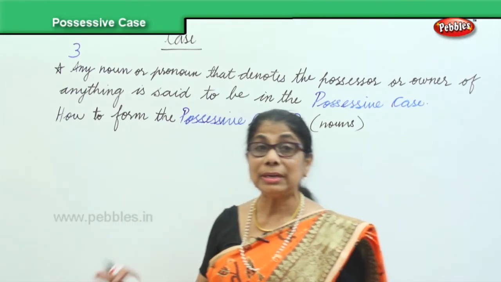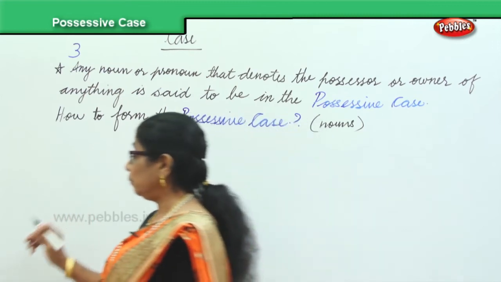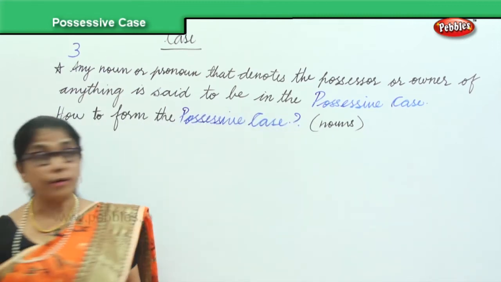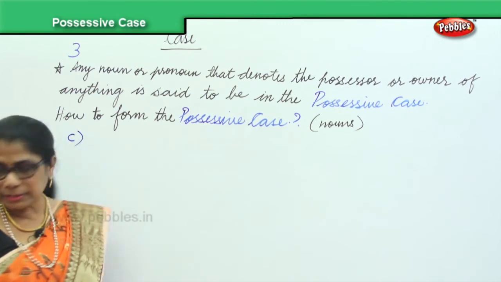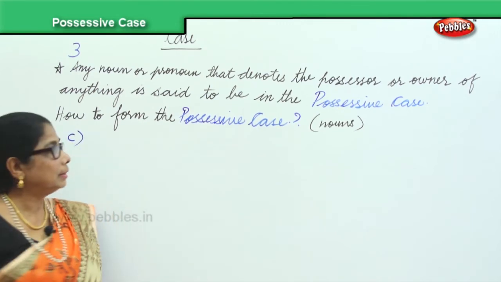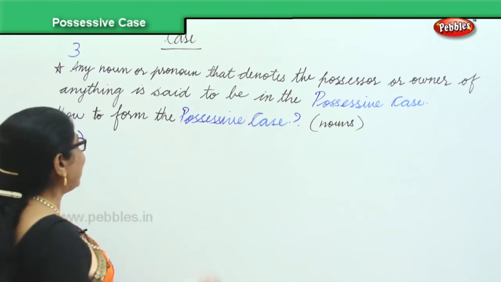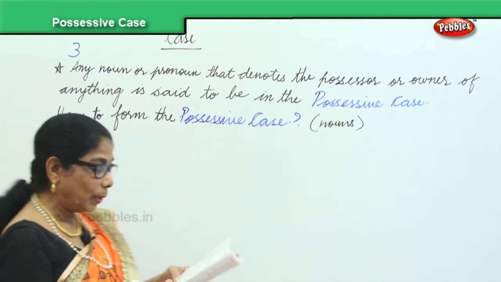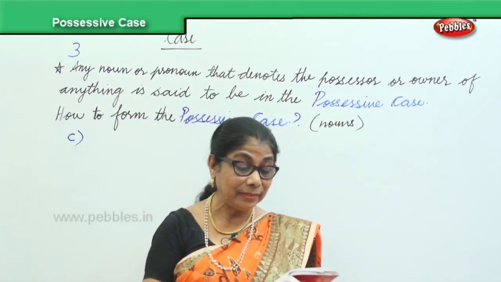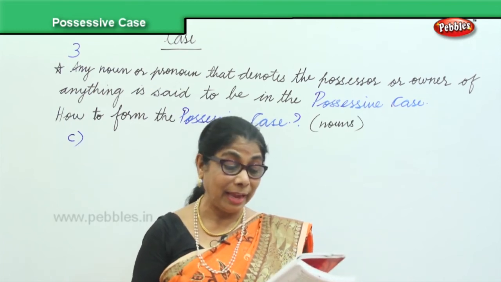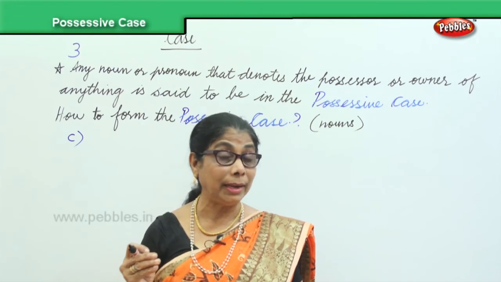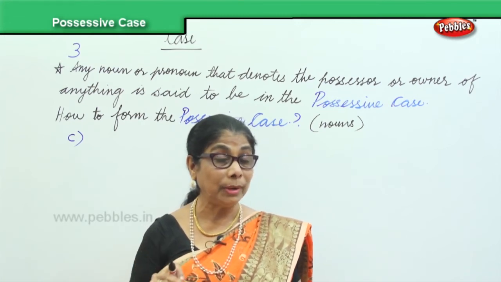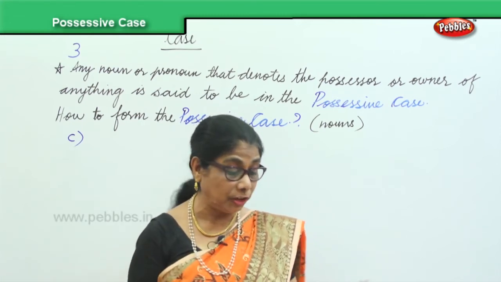Now we go to the third way of forming the possessive case. First is the singular, second is the plural, and here you have the third one. We have sentences. We have possessive case in the plural again, but here this plural is different from what we did earlier.